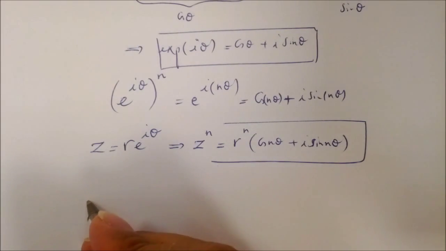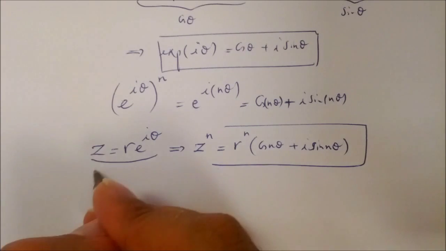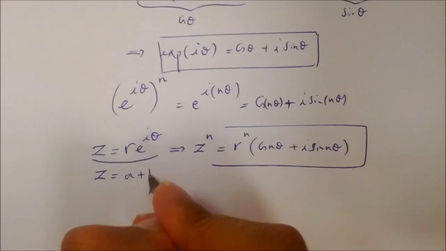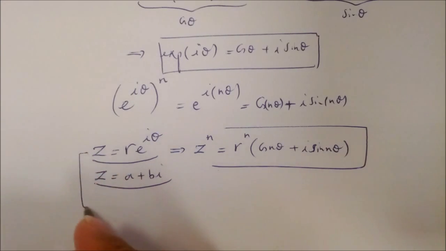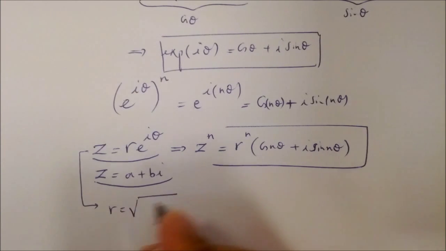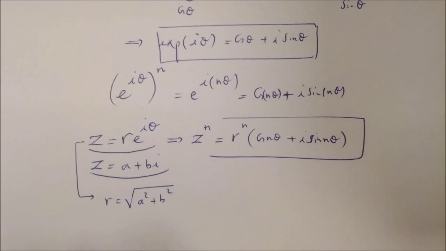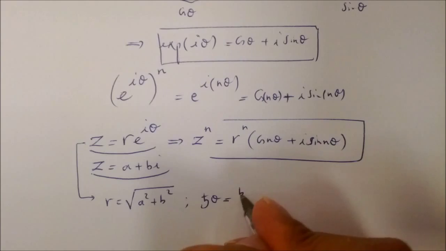So the relation between this notation and the normal one, a plus bi: in fact in this representation r is equal to the root of a squared plus b squared, and tangent of theta is b over a.